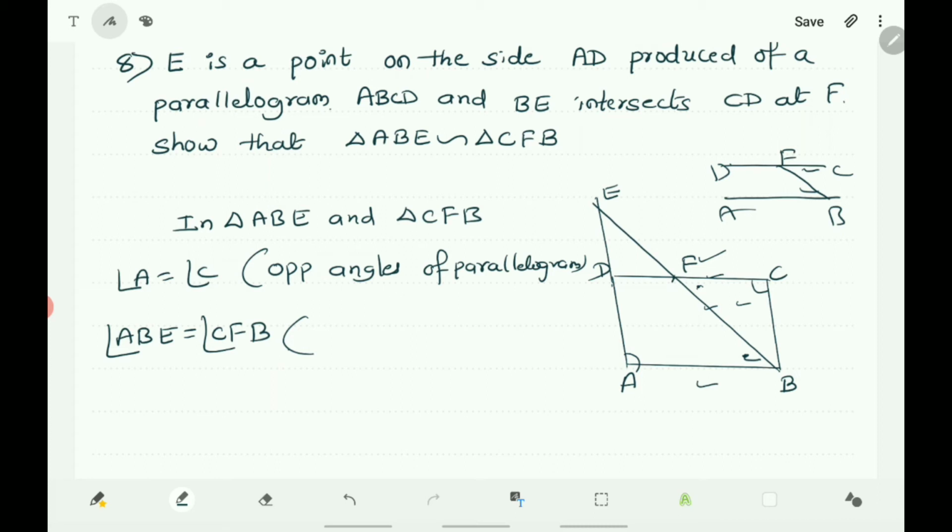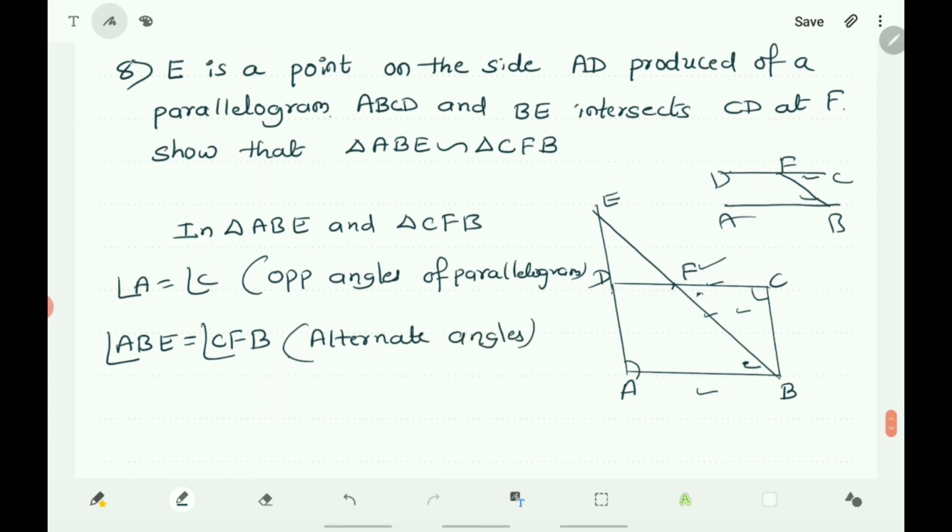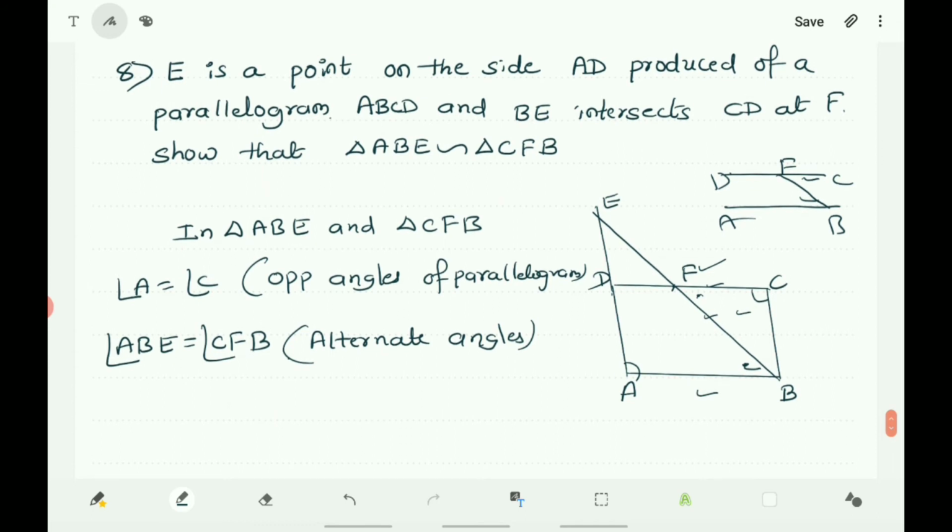Angle BFC and angle ABF, that is ABE, are the alternate angles made by the transversal of parallel lines. So they are alternate angles, and you know that alternate angles made by the transversal of parallel lines are equal.